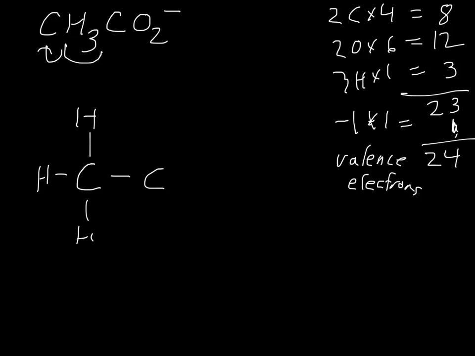Then I see these 2 oxygens next to this carbon, so I'm going to place the 2 oxygens next to that carbon. To draw that skeletal structure cost me 2, 4, 6, 8, 10, 12 electrons. So I have to subtract 12 electrons from my building fund.